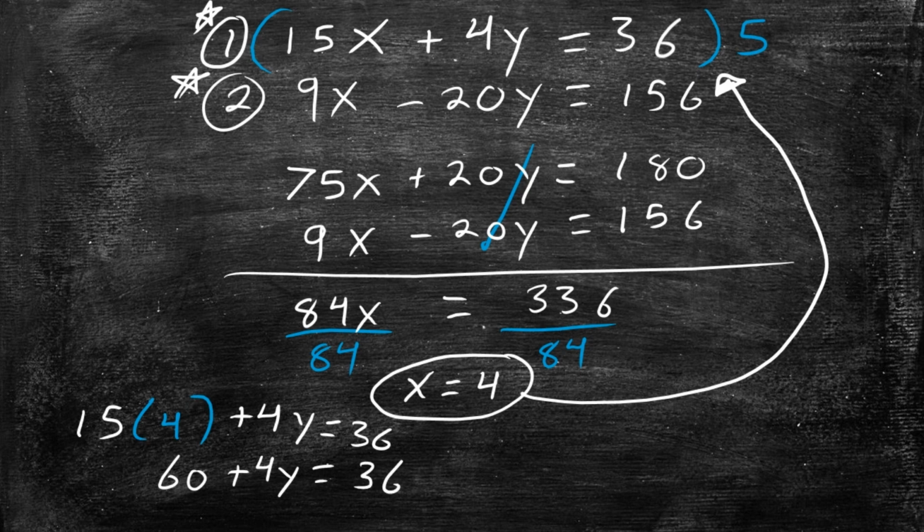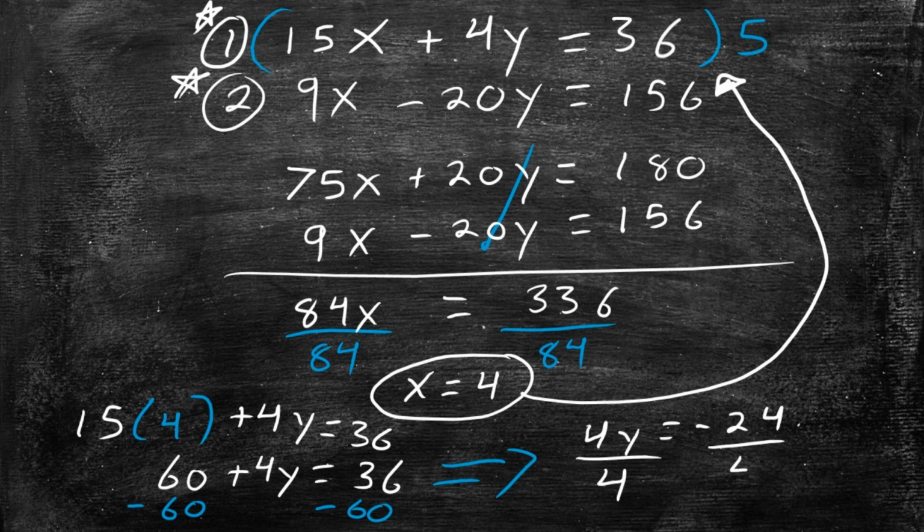And we are going to subtract 60 from both sides. And I'm going to go ahead and move this over here. When you subtract 60, you get 4y is equal to negative 24. Divide by 4 on both sides.